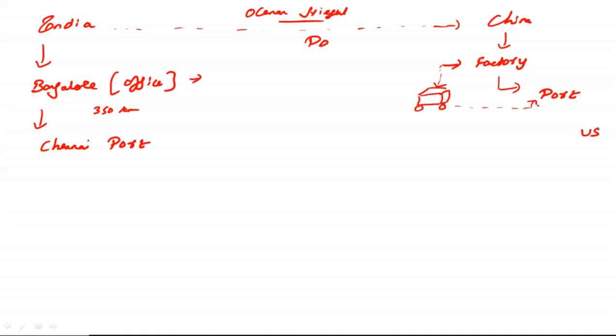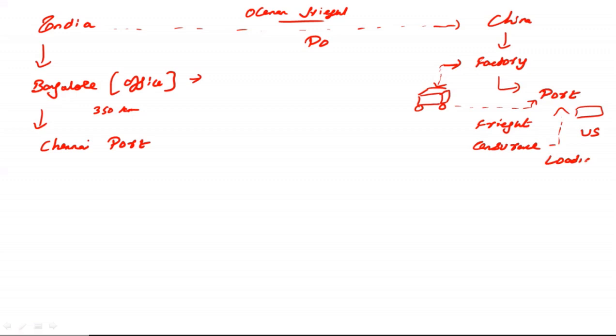When this truck is traveling from factory to port, there is a freight. And when you're shipping the material from one country to another country, the insurance is compulsory. So you could have an insurance over here after it reaches the China port. After we get this material to the port and insurance is done, we load the material into the ship.